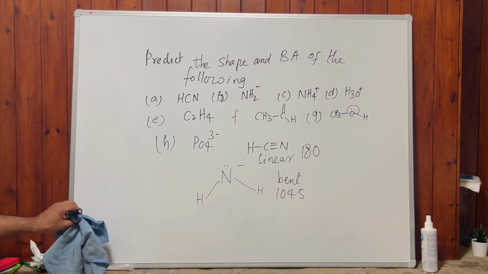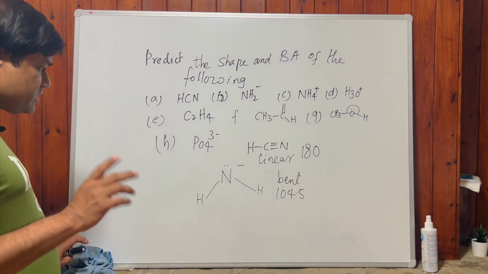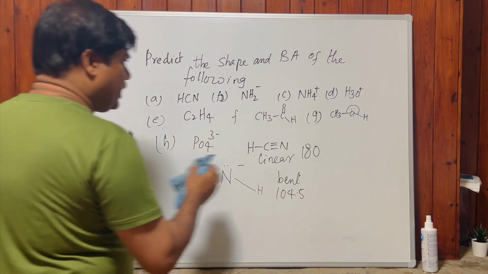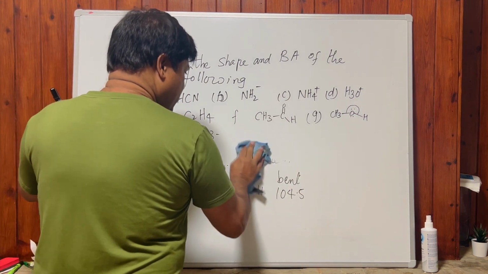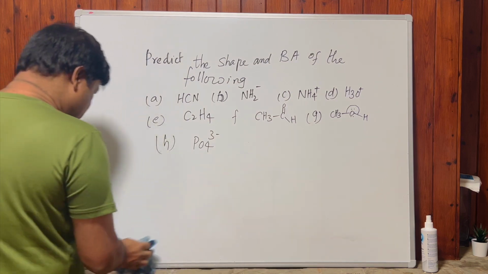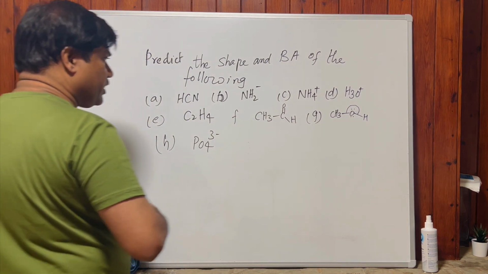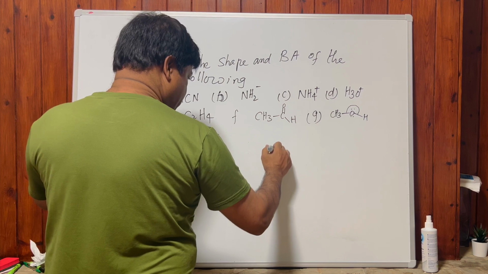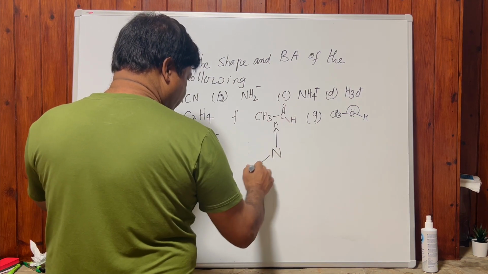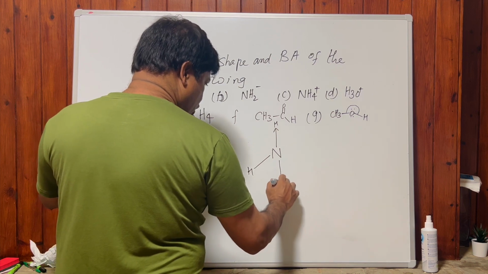Now some more. Ammonium, I have already discussed ammonium ion. In the ammonium ion, nitrogen makes four bonded pairs of electrons and no lone pair.